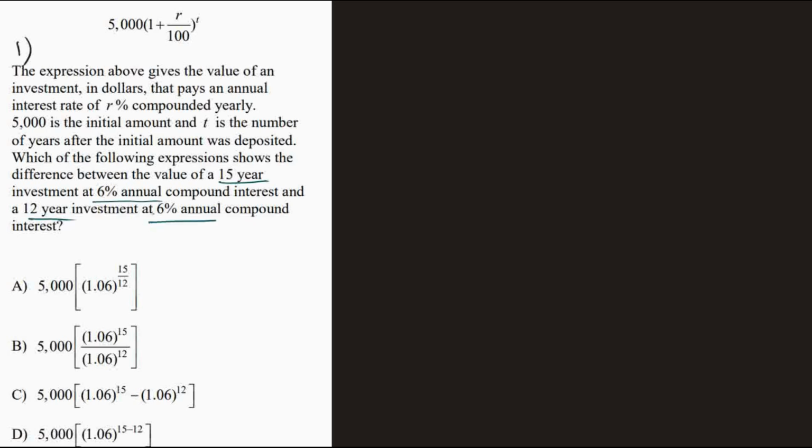So you have to find the difference between the 15-year investment at 6% annual compound interest, and 12 years at 6% annual compound interest. So the difference here is only in the year, 15 years and 12 years, but the rate is the same, 6% and 6%. Then we just substitute this into the equation.